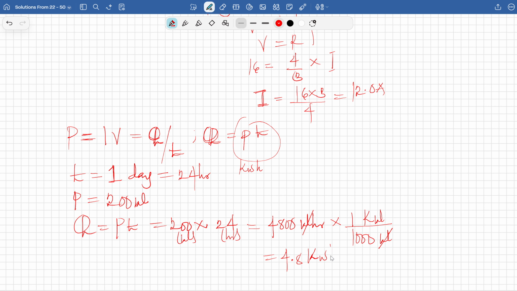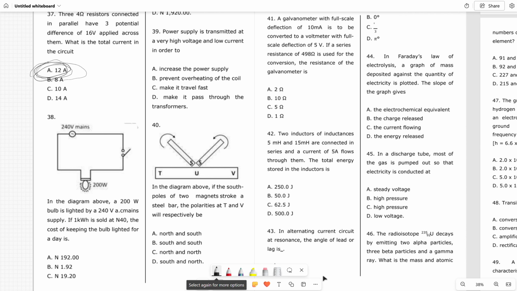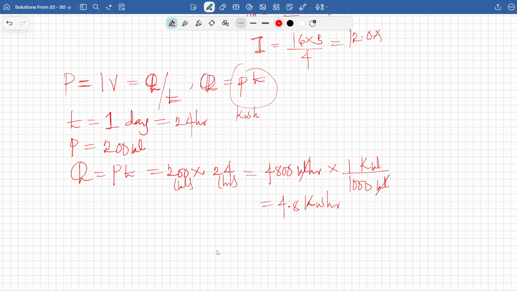So kilowatt hour. Now the question says that based on the cost, if 1 kilowatt hour is sold at 40 naira, you want to do something like a proportion here. So meaning that if 1 kilowatt hour is equal to 40 naira, then what do we think this 4.8 kilowatt hour will be? You can probably make that x, right? So you want to solve for x.